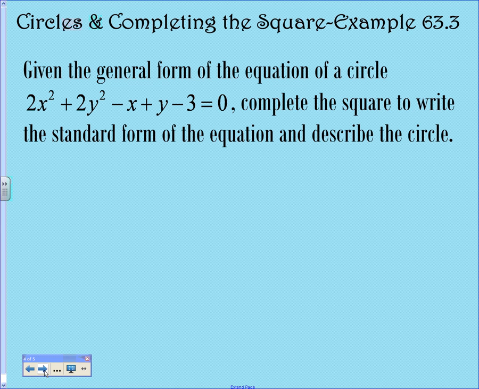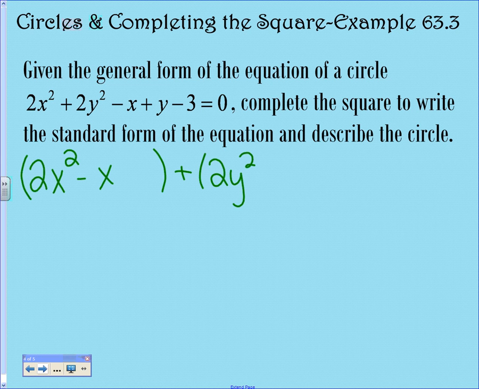Group your x's. So 2x squared minus x. And then we group our y's. 2y squared plus y. Can we complete the square whenever there's a 2 here? We got to move the 2 out.